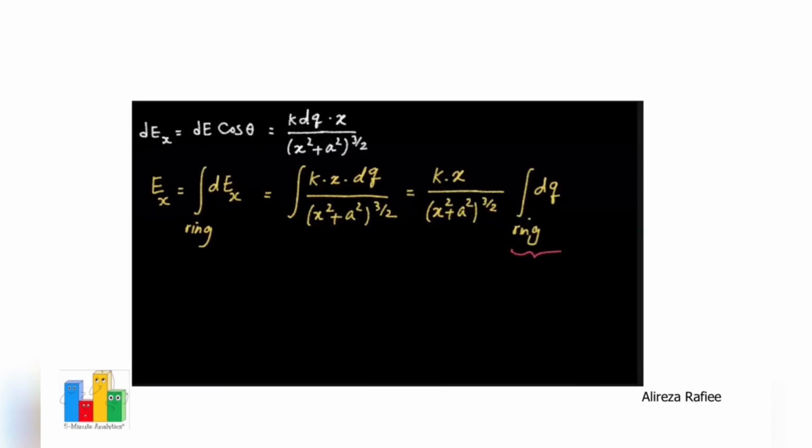So this is technically the charge on top of the ring. And so the E sub x then would be k times x divided by (x² + a²) to the power of 3/2 multiplied by q.